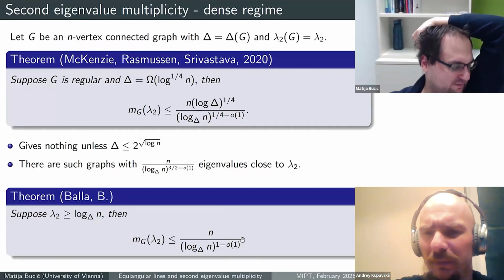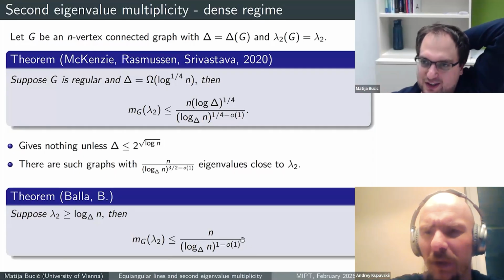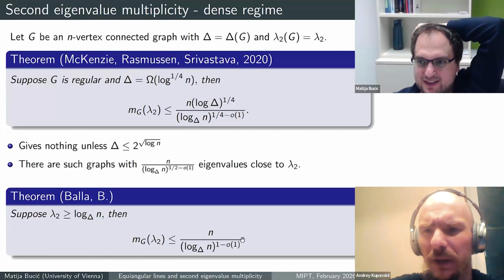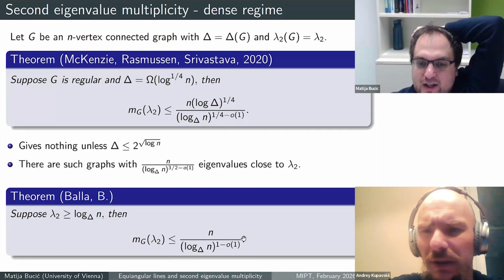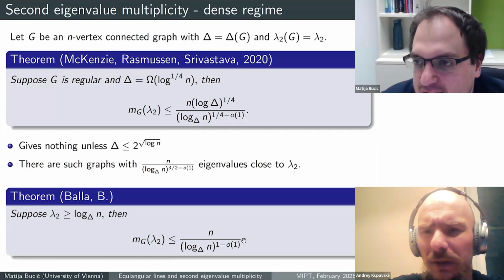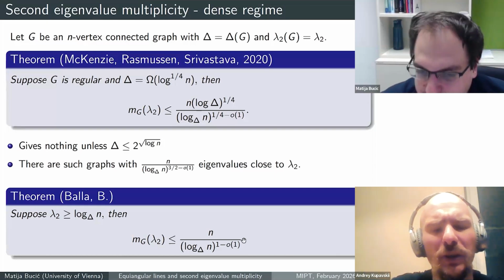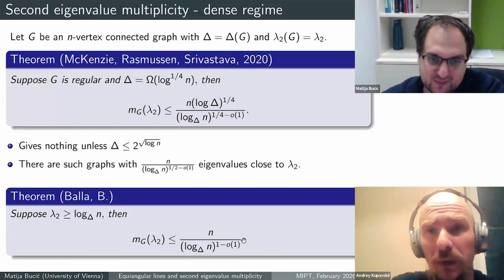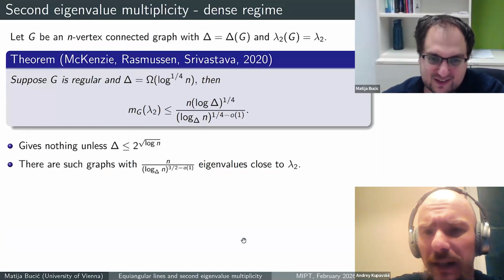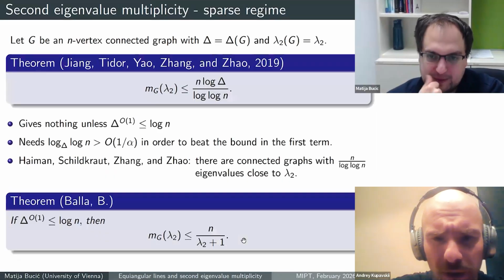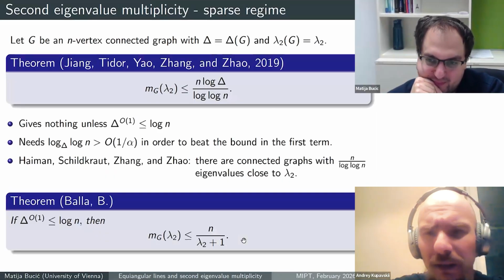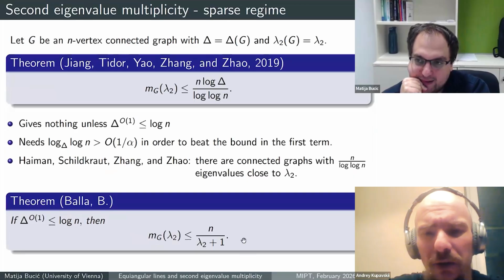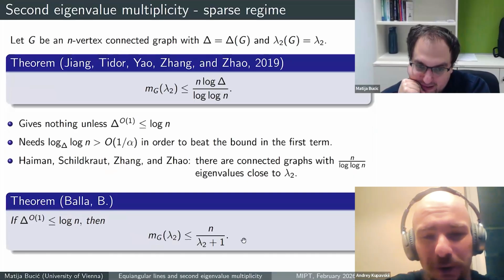Second, you mentioned the work of Jiang, Zhao, et al. There are examples with n over log n. Still, it doesn't contradict your statement, right?